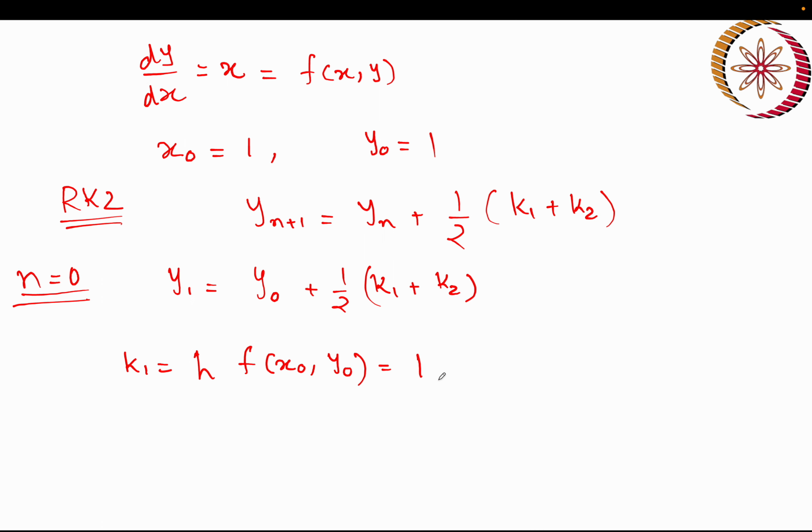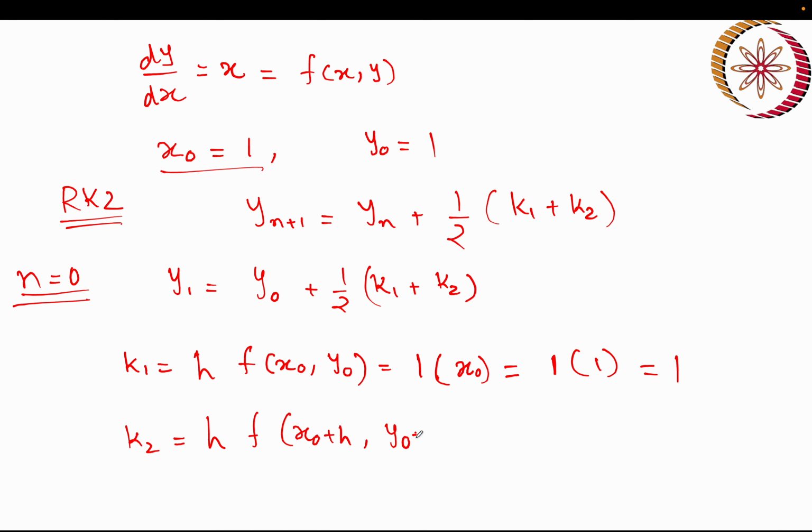So h is 1, that is fine, and f of x, y will be x0 itself, and x0 is 1, so it is 1 into 1, which is 1. Okay, so this is k1. k2 is equal to h into f of x0 plus h comma y0 plus k1.